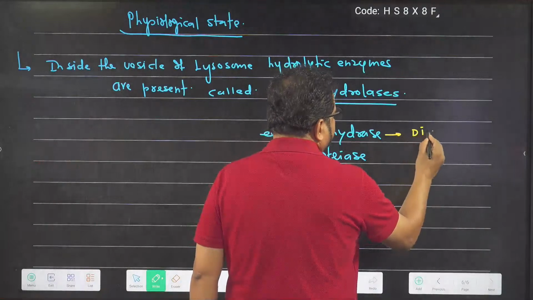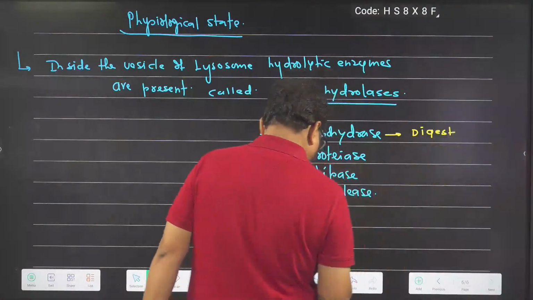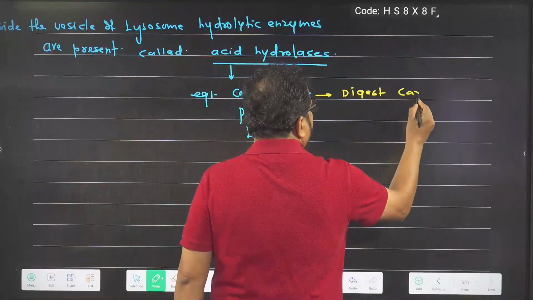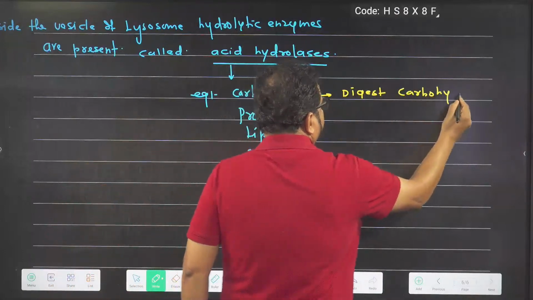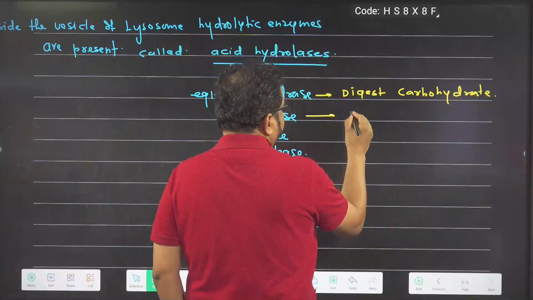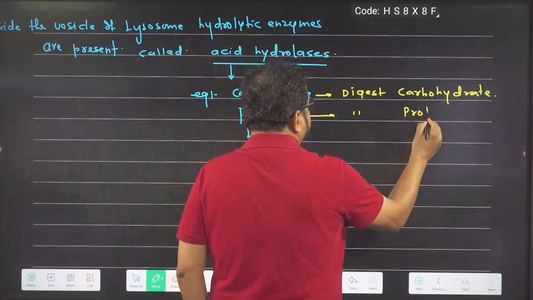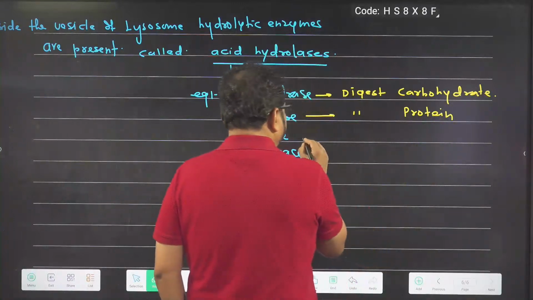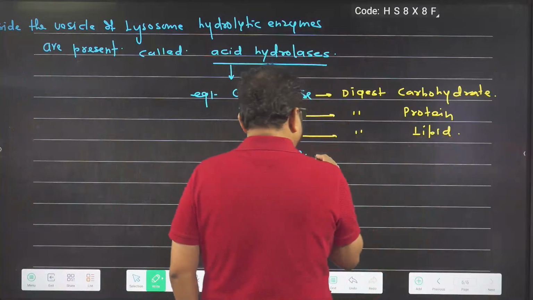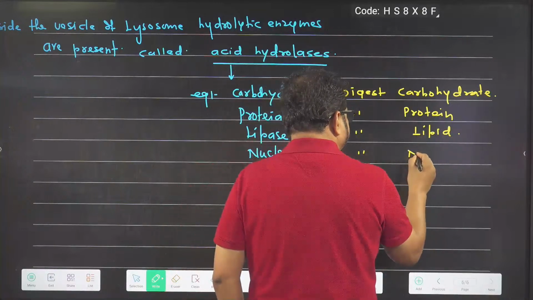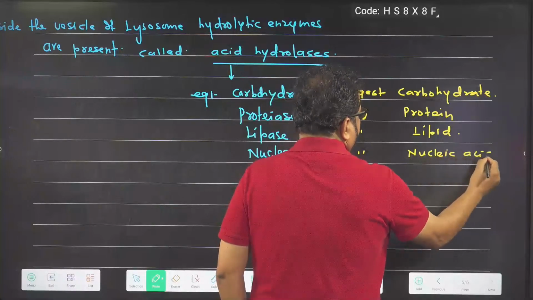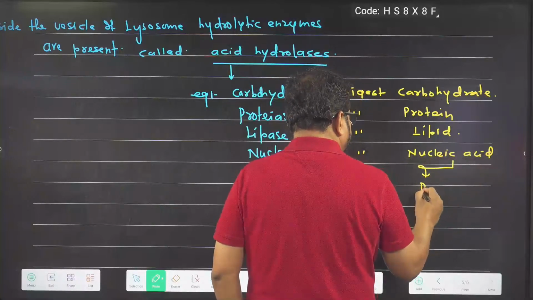Carbohydrase digests carbohydrate. Protease digests protein. Lipase digests lipid. And nuclease digests nucleic acid. What is nucleic acid? DNA and RNA.